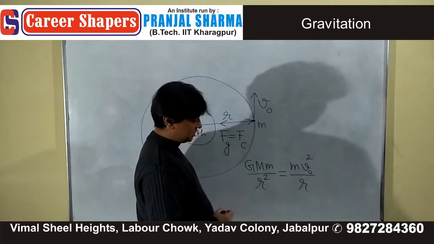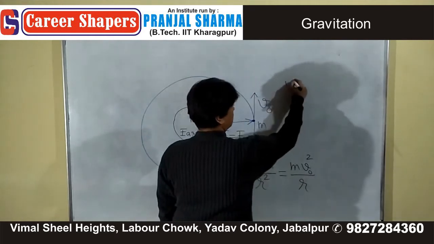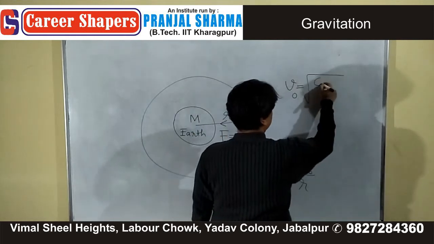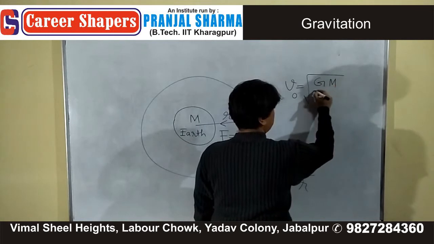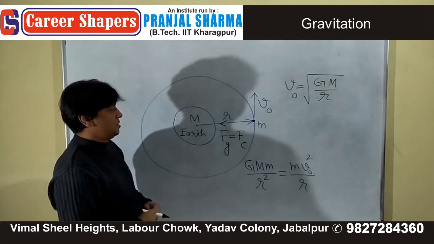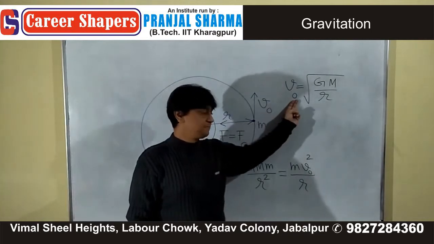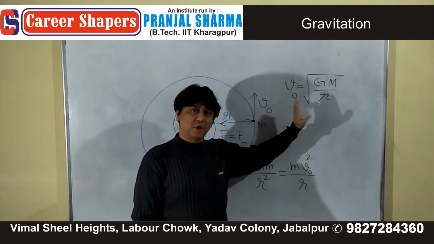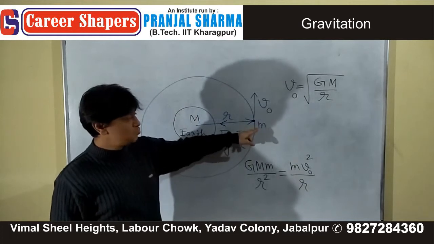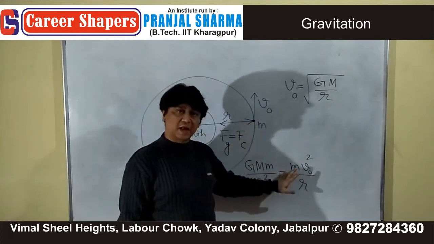M and m cancelled, r square cancelled, and you get your orbital velocity as root over G M divided by r. The first thing which you notice is this orbital velocity is independent of the mass of the satellite. If it's m or 2m or 3m, it doesn't matter. Ultimately, m and m get cancelled.